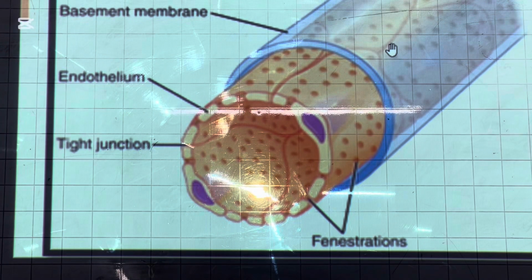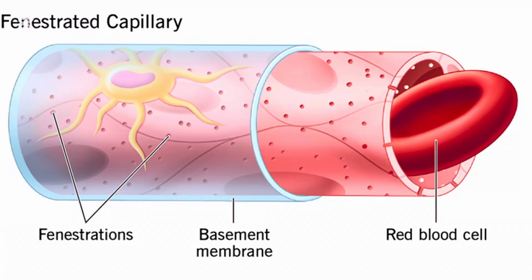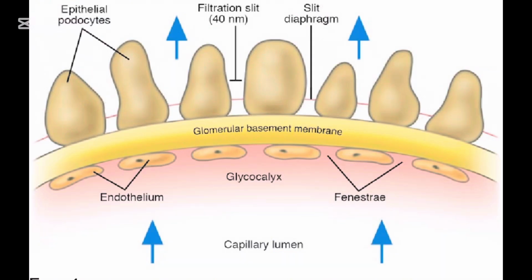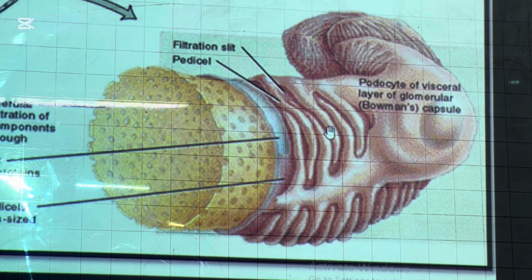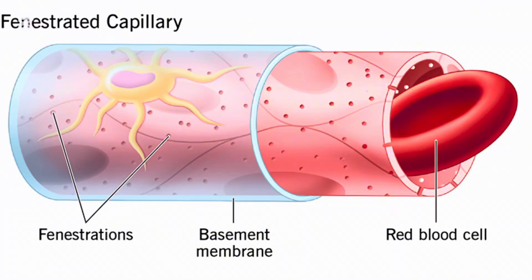So that is why we need to have an additional barrier, which is the basement membrane. The basement membrane lies between the endothelial cells of the glomerular capillaries and the inner layer or visceral layer of Bowman's capsule, and it acts as a size and charge selective barrier. The glomerular basement membrane acts as a physical barrier.